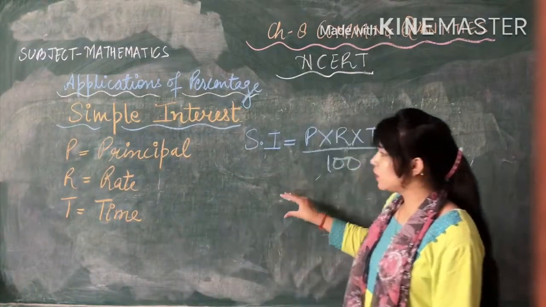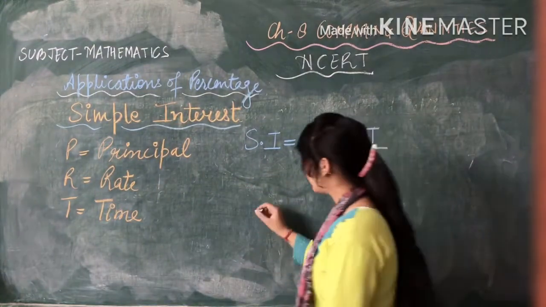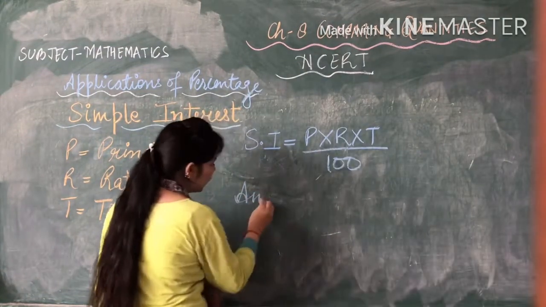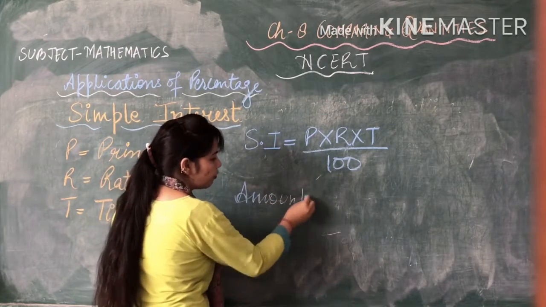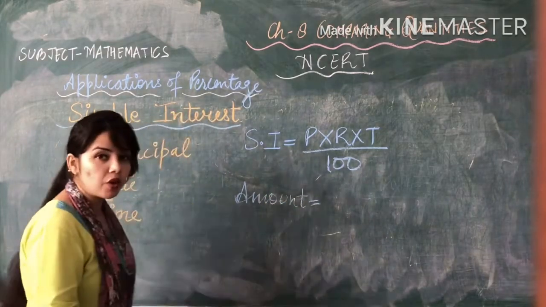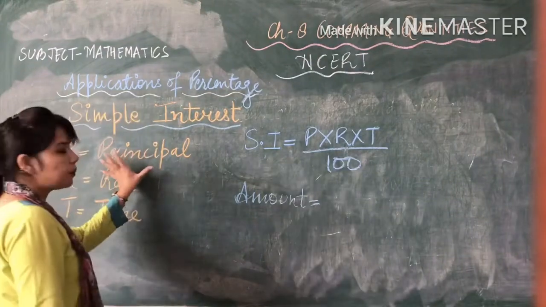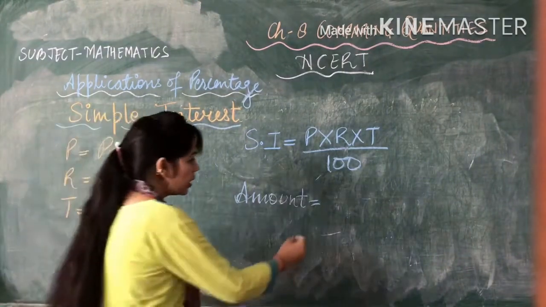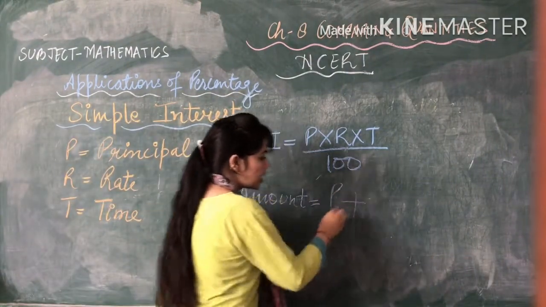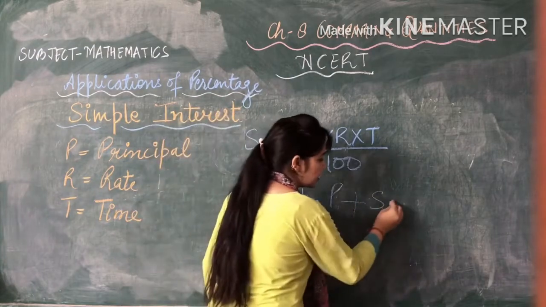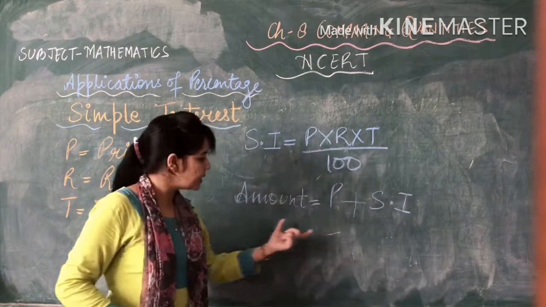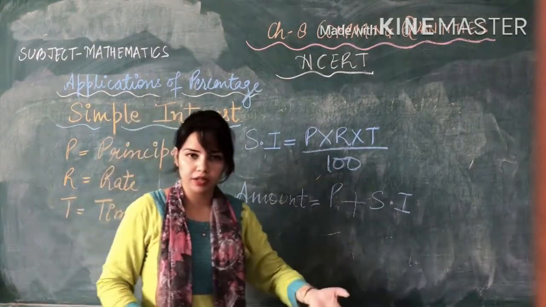After calculating the simple interest, you can find the amount which is to be paid after the given period of time. That will be the principal, the amount you have borrowed, plus the simple interest on it. That is the amount you are going to return.